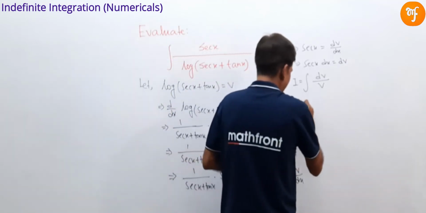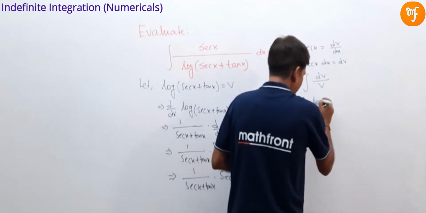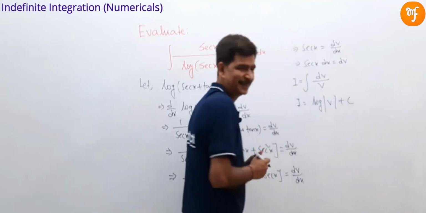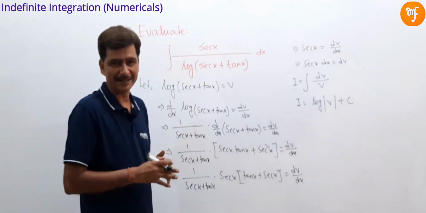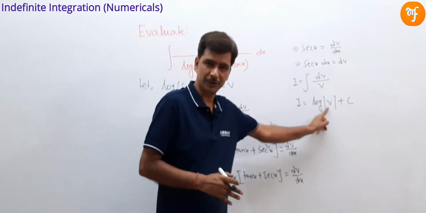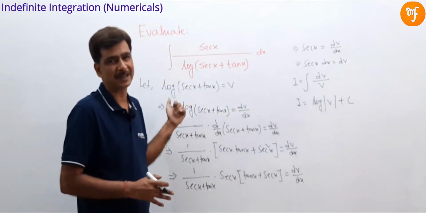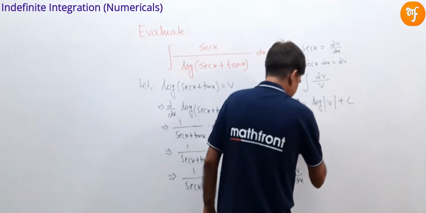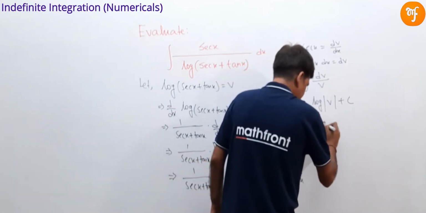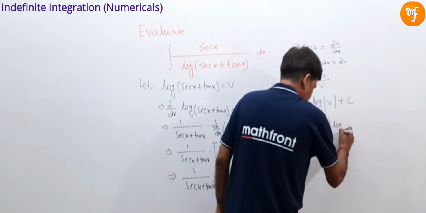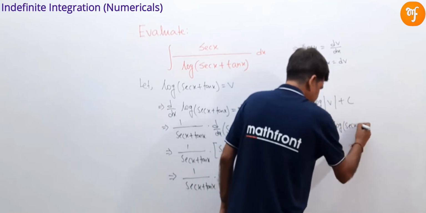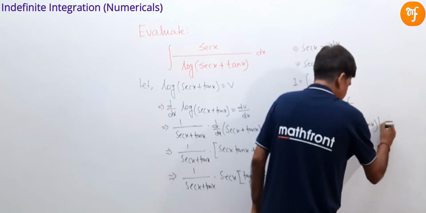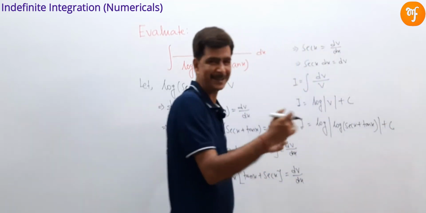So I is equal to log of mod v plus c. Now, to get the final answer, we have to re-put v as log of (sec x plus tan x). So I is equal to log of mod of log of (sec x plus tan x) plus c. So this is the answer.